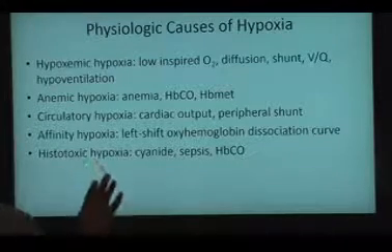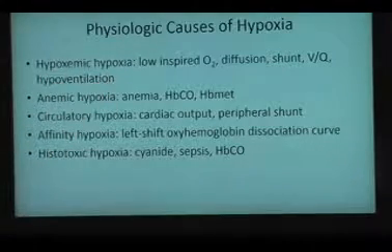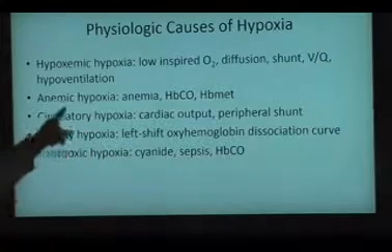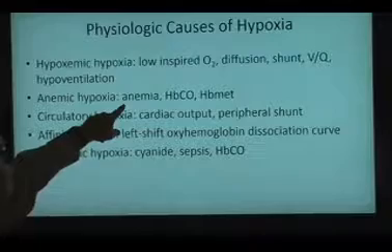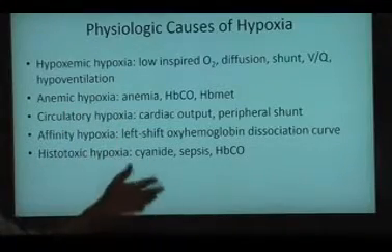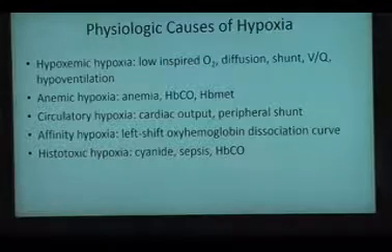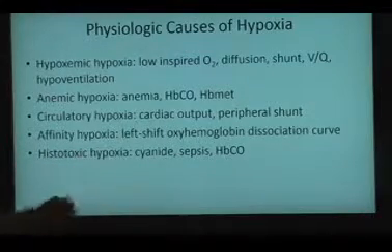They are hypoxemic hypoxia, which is low inspired oxygen or lung disease; anemic hypoxia, which is what we were just talking about, anemia, carboxyhemoglobin, methemoglobin; and circulatory hypoxia, poor cardiac output and peripheral shunts. More about that in a minute.